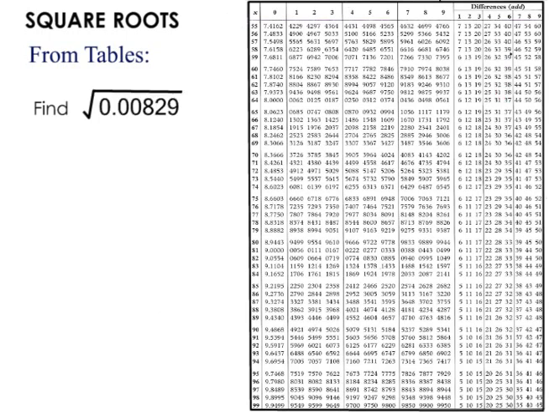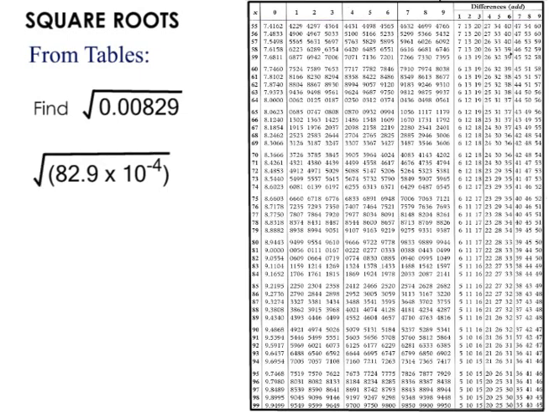Let's try square root of 0.00829. In standard form, that would be 8.29 times 10 raised to power negative 3. But 10 raised to power negative 3 will give us problems. We make it an even number. We move the decimal to the right one more step. And so we shall have 82.9 times 10 raised to power negative 4.